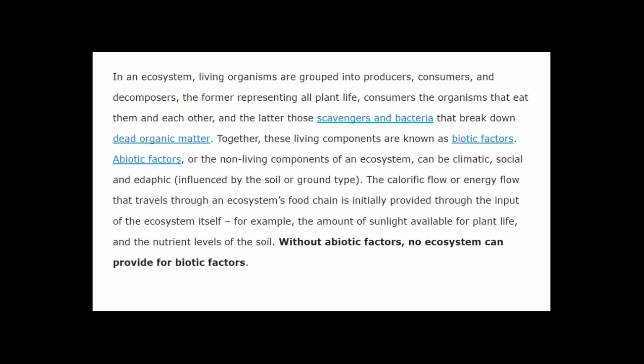All ecosystems depend on the producer, and the producer needs to get its energy from somewhere, which is normally sunlight. And without abiotic factors, no ecosystem can provide for biotic factors. So you need abiotic factors there.